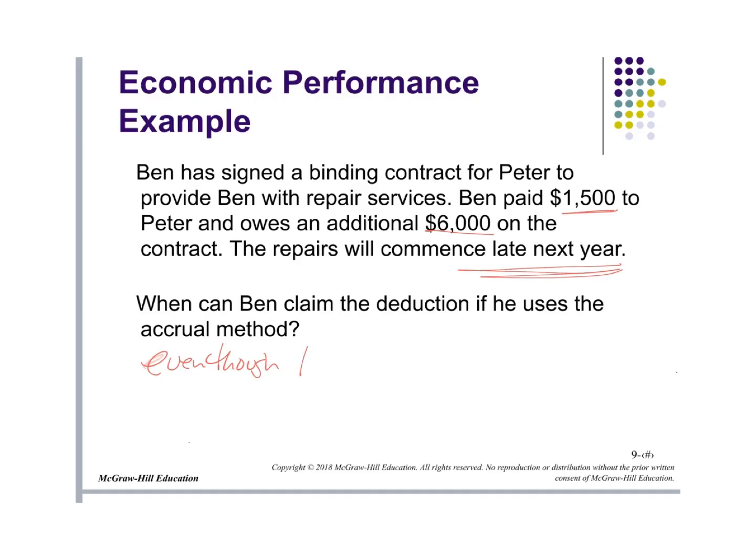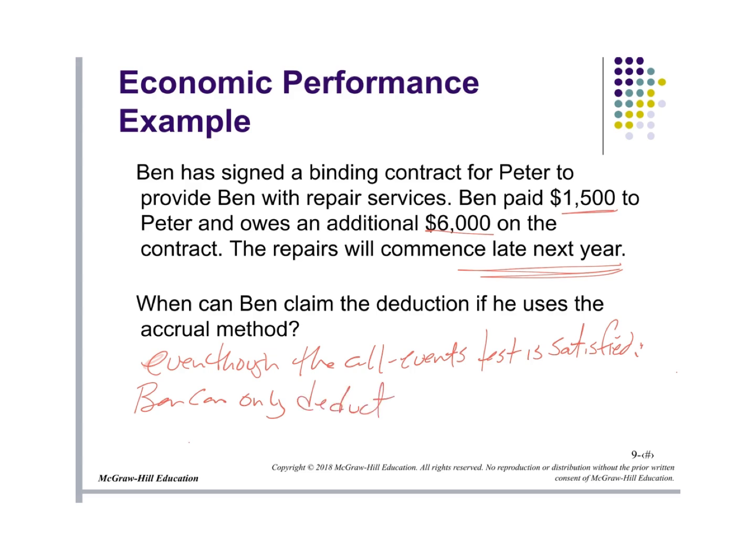Even though the all events test is satisfied, Ben can only deduct the $7,500 next year. All right. And why is that?